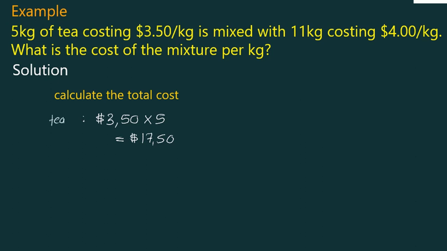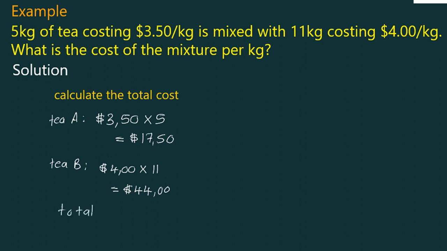Why don't we call this TA? So it's being mixed with TB, the other type of tea, 11 kilograms costing $4 per kilogram. So it's $4 by 11, and what we get there is $44. That's the total cost for the other type of tea.